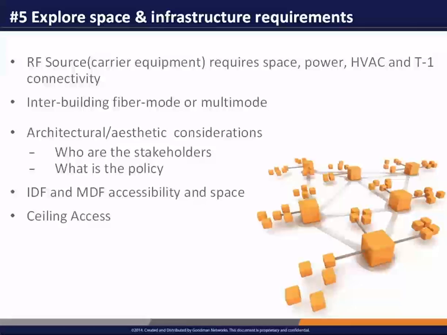Do those antennas need to have some kind of stealth or camouflage mode? What is the policy? It's important to share that with your RF designer very early because it can influence the location of those antennas and also the type of antenna and how they're stealth.